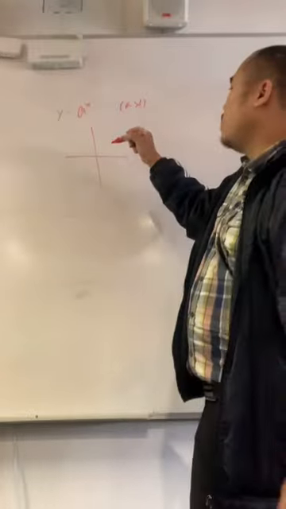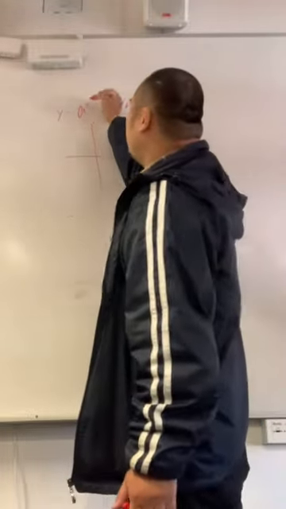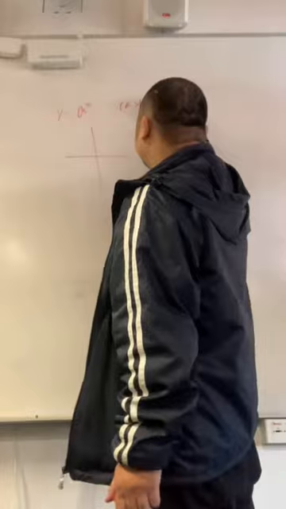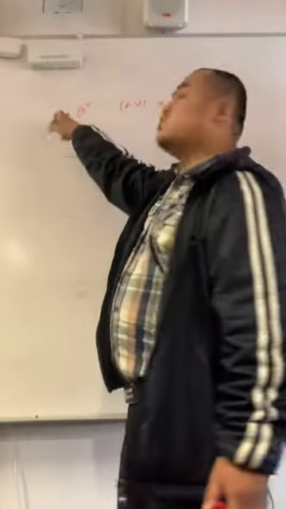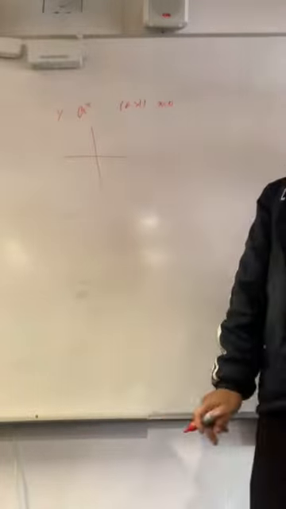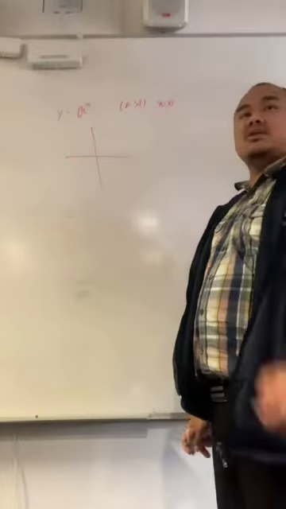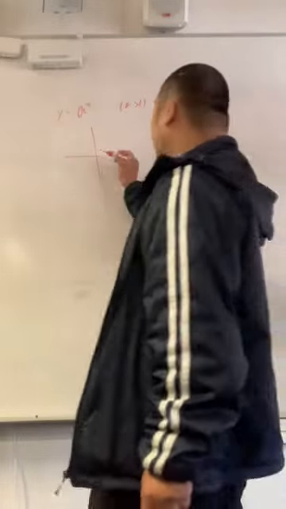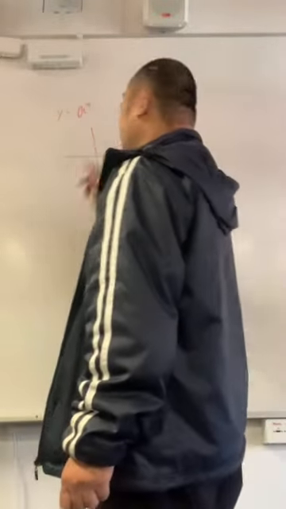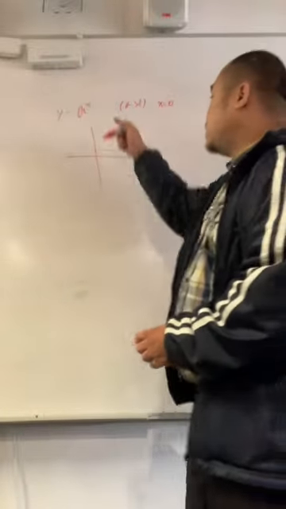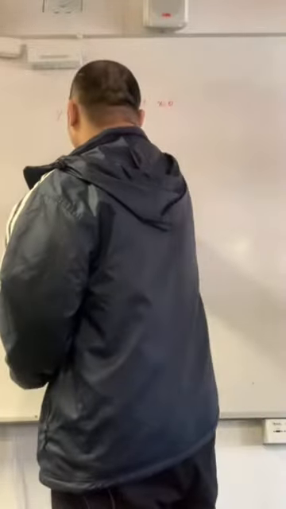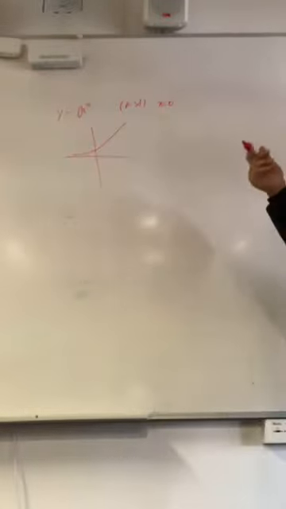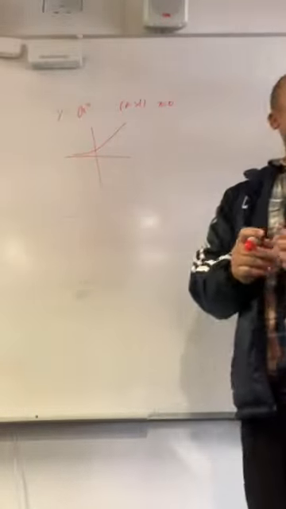Let me ask you, when x equal to 0, what do you think the y value would be? Yeah, it's 1. So it definitely would go through this point. So this one would be something like this. This is the basic shape of a^x.